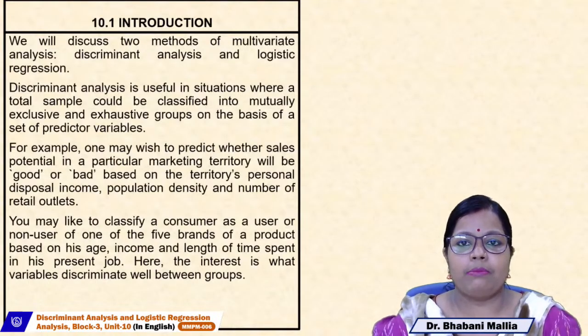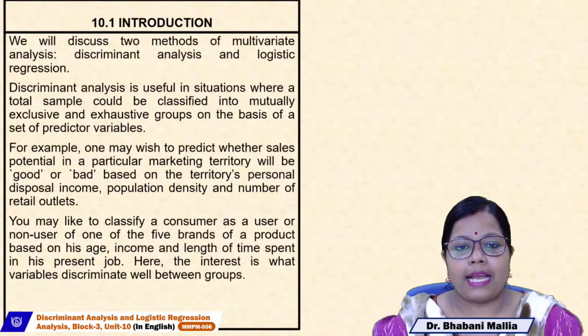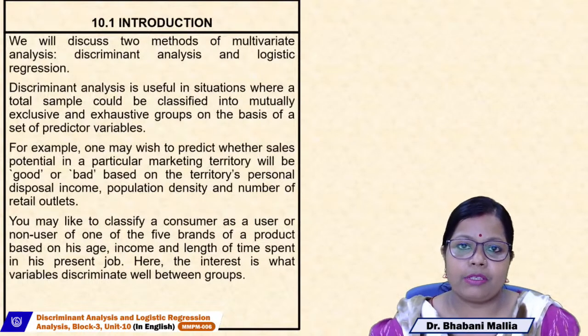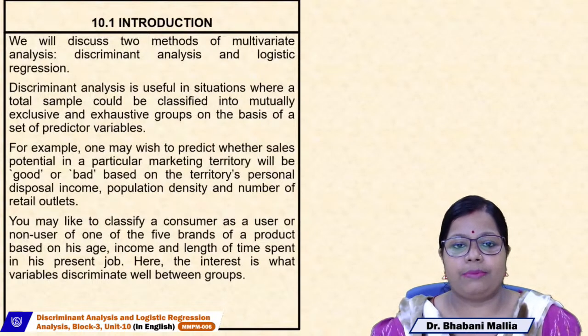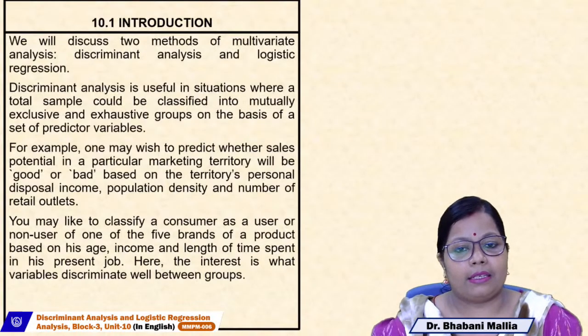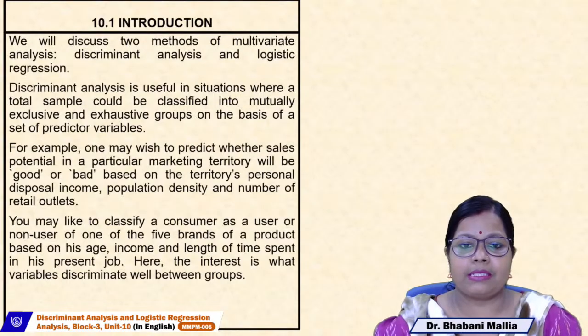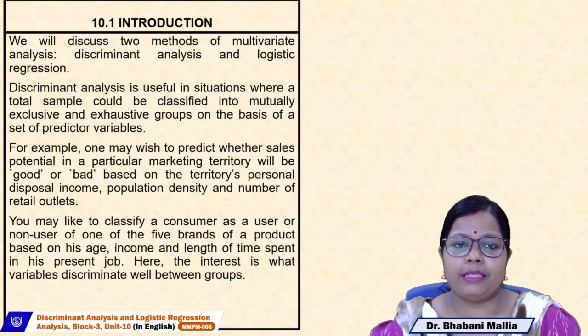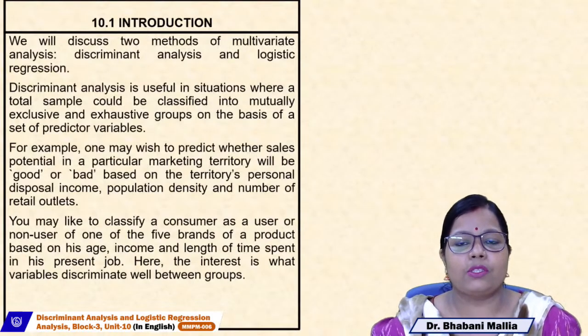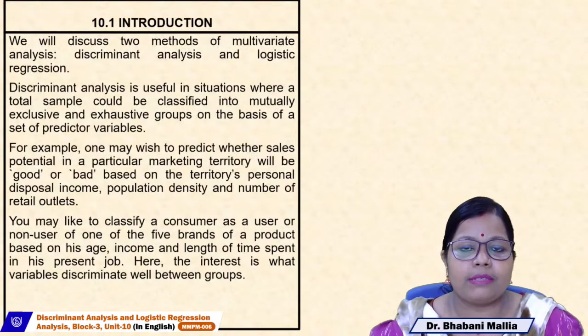What is the total number of possible users? That number of possible users is termed the exhaustive group. And as we already discussed, mutually exclusive means user and non-user. If there are two sets of people with me, then these two sets are known as mutually exclusive with each other.